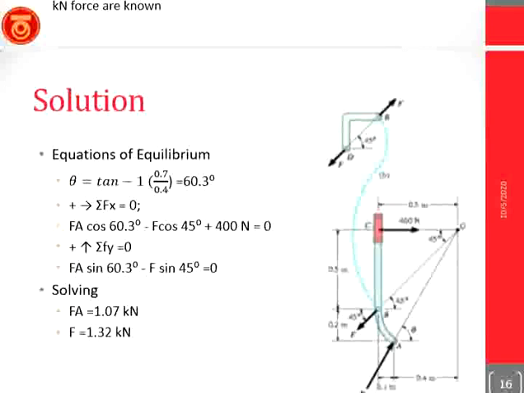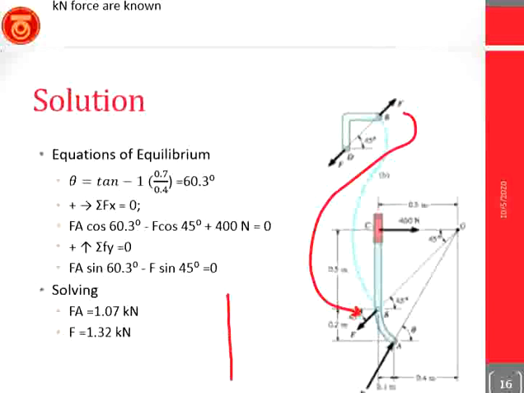So for the solution, first, here we have BD and lever ABC. For BD, because the F here is related to F here, we need to focus on ABC, the three-force member.